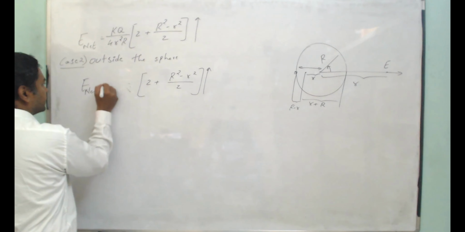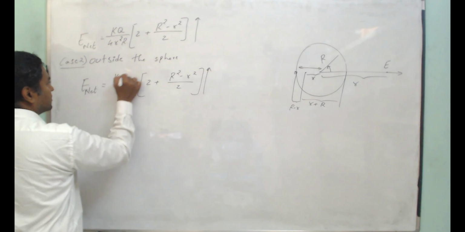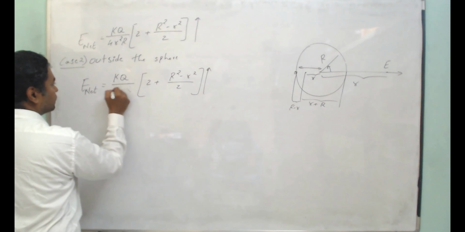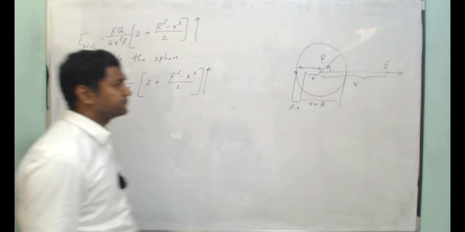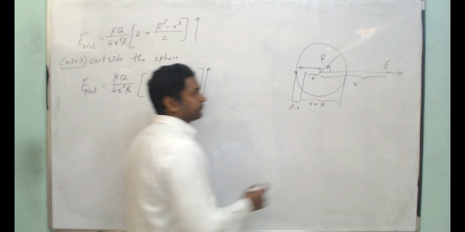net electric field is equal to, again, KQ by 4 small r square capital R. Everything will be the same; limits will change.